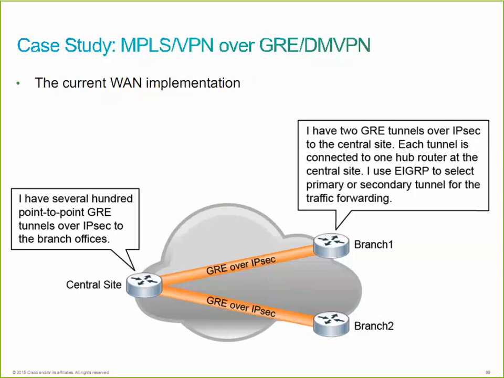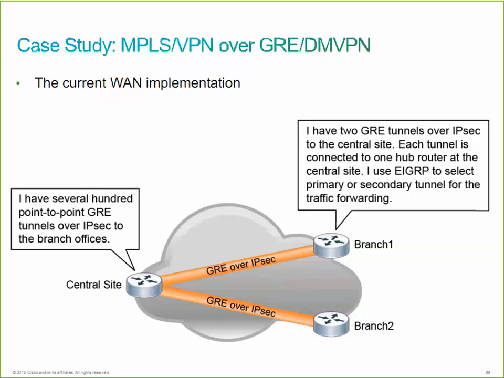We're thinking about implementing DMVPN, hence the GRE DMVPN case study, okay? We already know the benefits of DMVPN. It's going to reduce the configuration load on the hub router. We only configure one interface to support all the spokes, zero-touch deployment, and so on.